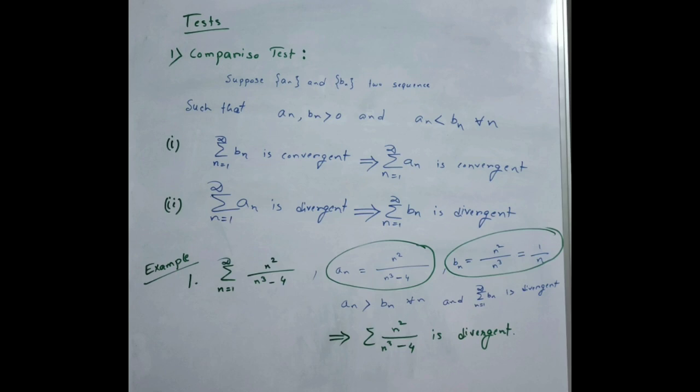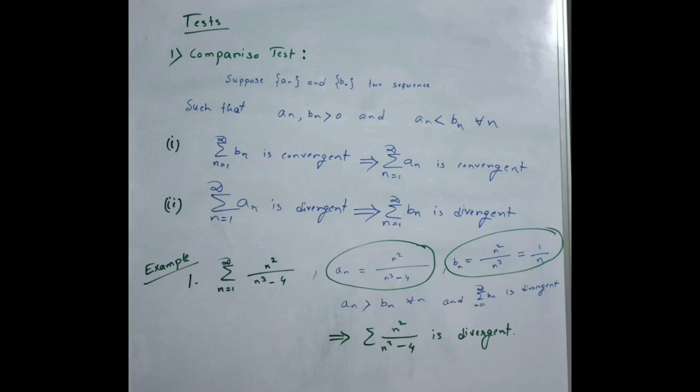Let's use this test. For example, we have the series n squared by n cubed minus 4. Suppose a_n equals n squared by n cubed minus 4, and let b_n equal n squared by n cubed, which is equal to 1 by n. Here we can see that n cubed minus 4 is less than n cubed, so a_n must be greater than b_n for all n.